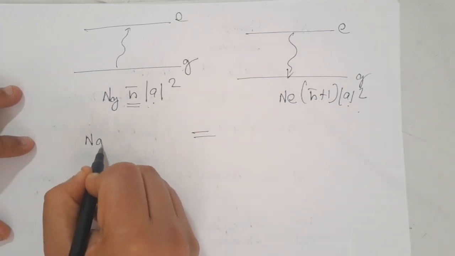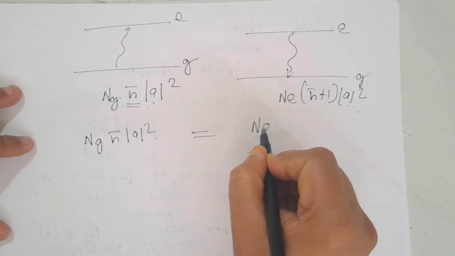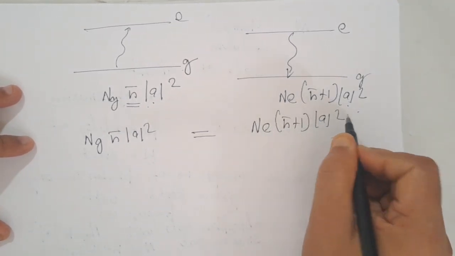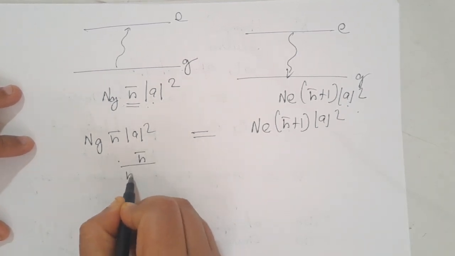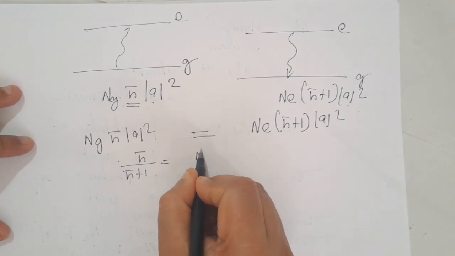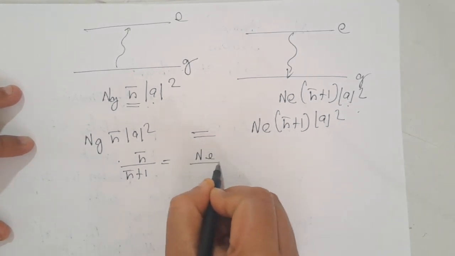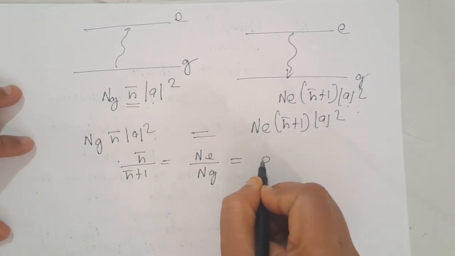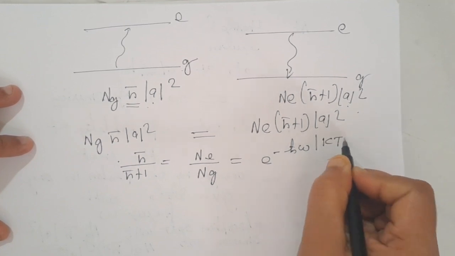At thermal equilibrium these must be equal. So Ng n bar A squared is equal to Ne (n bar plus 1) A squared, or n bar divided by (n bar plus 1) is equal to Ne divided by Ng, which is equal to e to the power minus h bar omega divided by kT.